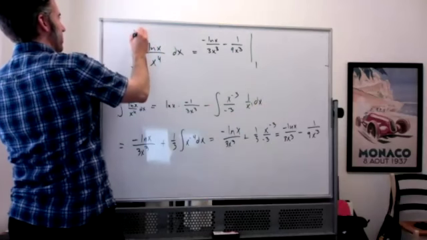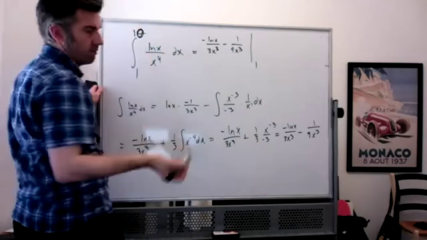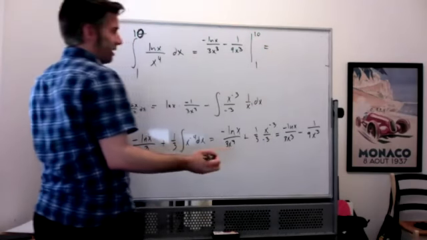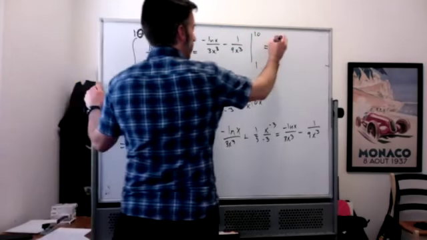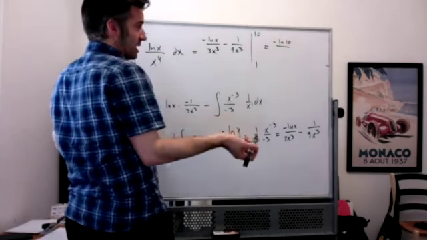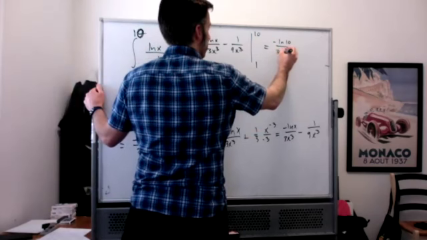Let's make that a 10 just to make it not quite so ugly. Sorry. So plugging that in, you're going to get the negative natural log of 10 over 3 times 10 cubed. That's easy to calculate. That's 3,000.